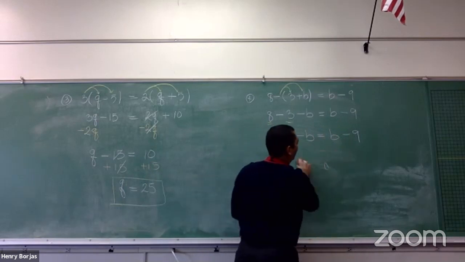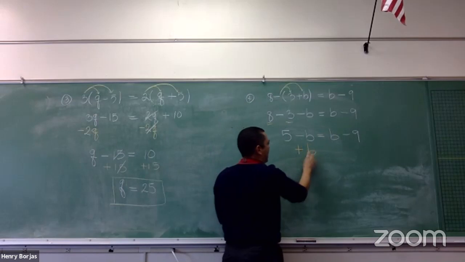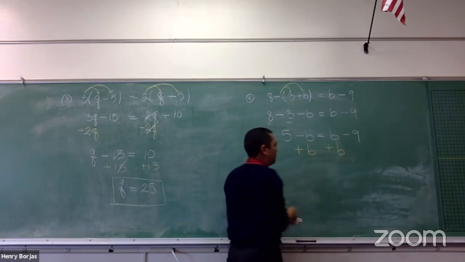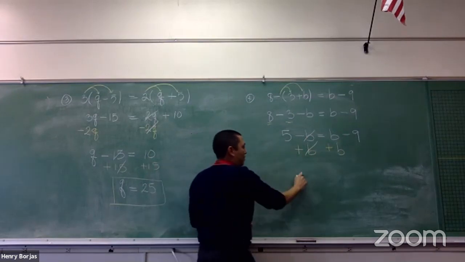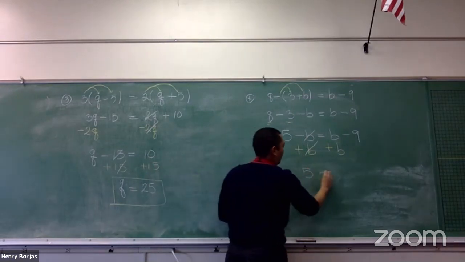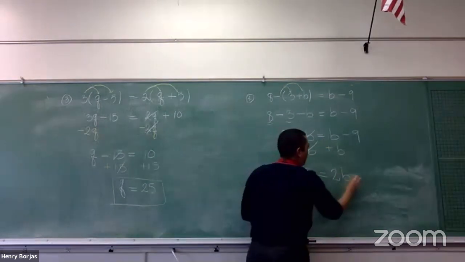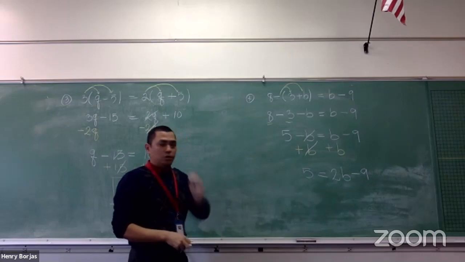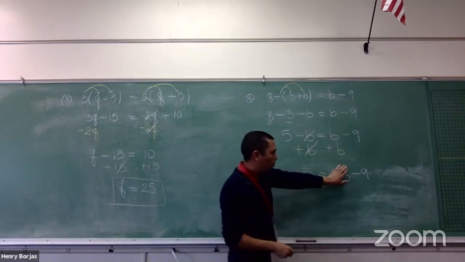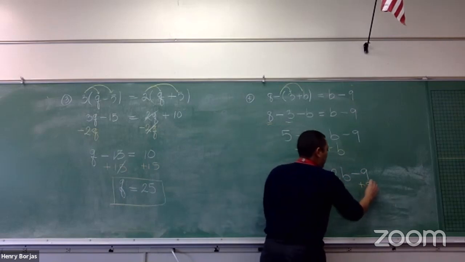So how am I going to do it? This is negative B plus B, plus B. These two go away. 5, drop it, equals B plus B equals 2B minus 9. Okay, two-step equation. Cover your variable. You have a -9, so I'm going to use plus 9.